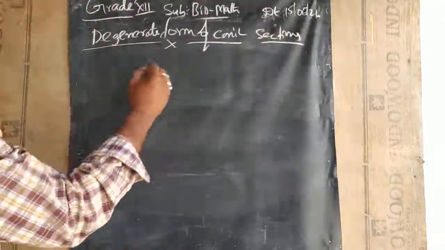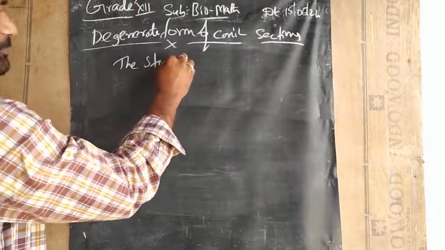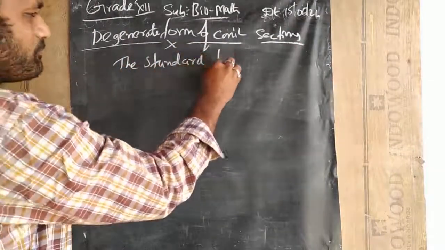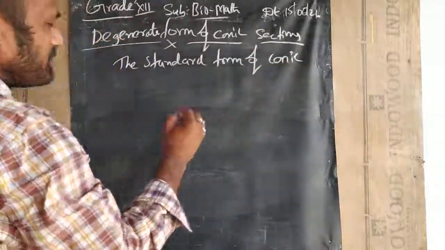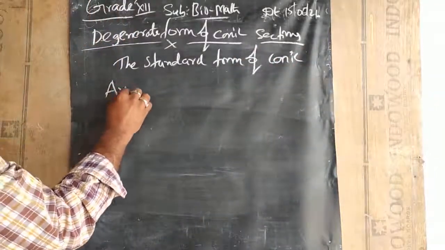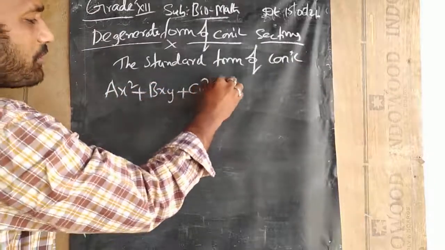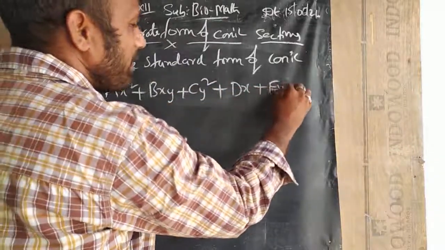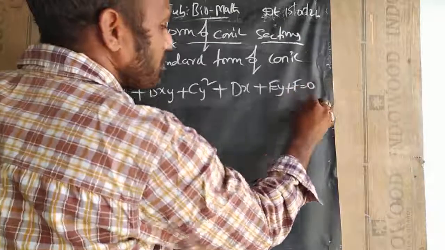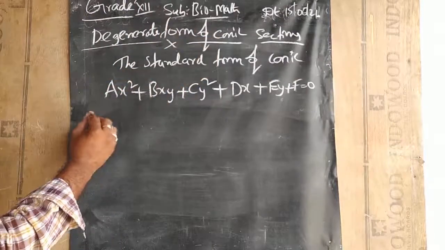The standard form of any conic section we can give as ax square plus bxy plus cy square plus dx plus ey plus f is equal to 0. So this is the standard form. Based on this standard form, we will define all our conic section formulas.